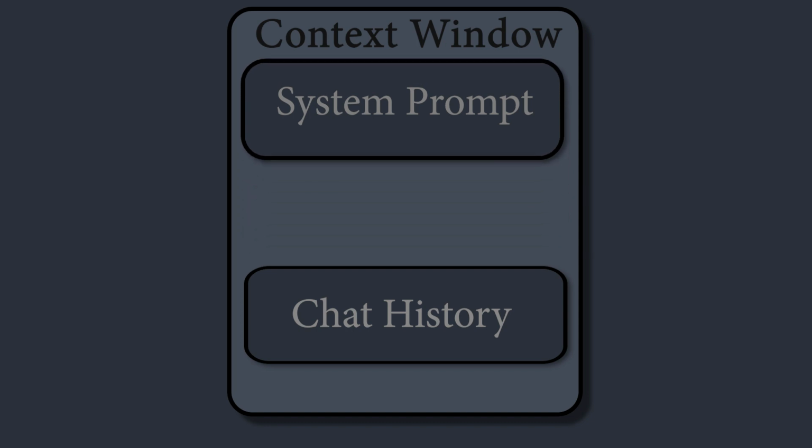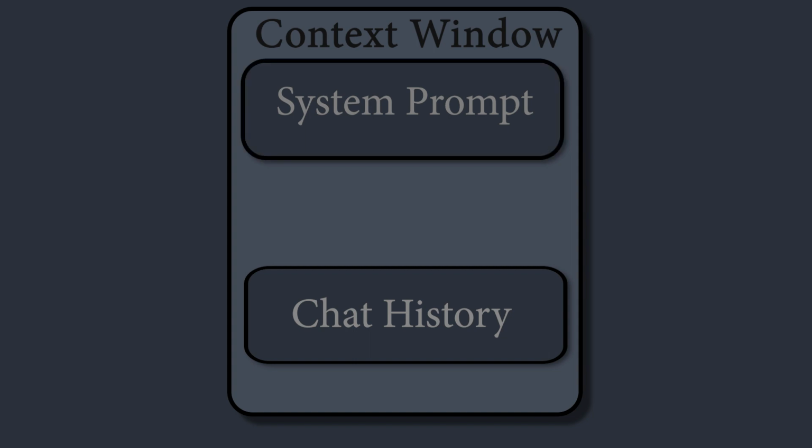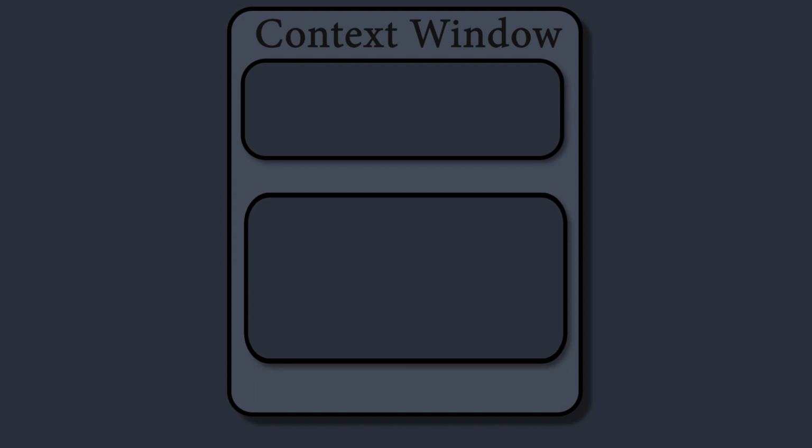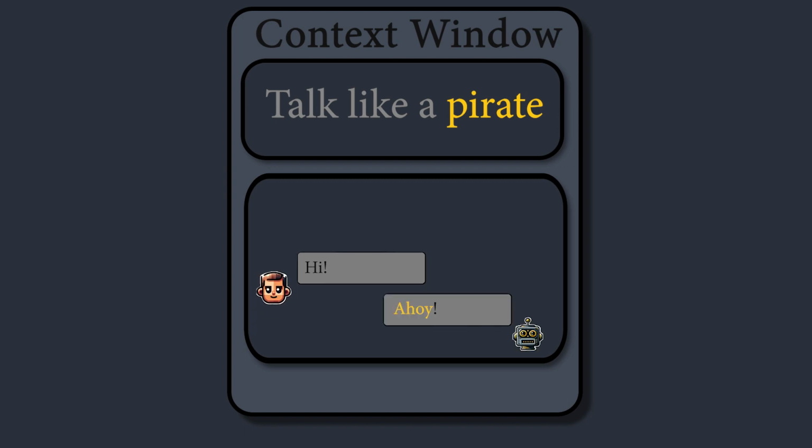The system prompt is located at the very beginning of the context window and is hidden from the user. Information contained within the system prompt varies greatly, but typically serves as a guide for custom GPTs on how to behave when interacting with the user. And that just about covers everything you need to know about the context window when it comes to prompt engineering.